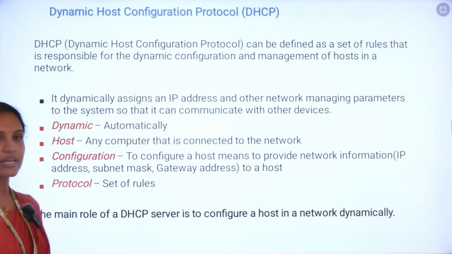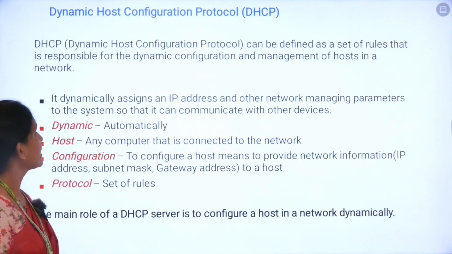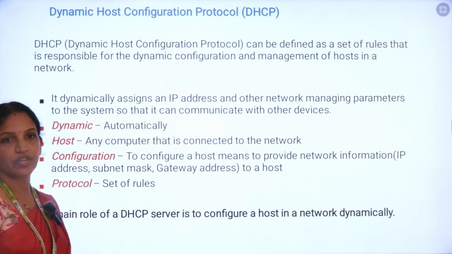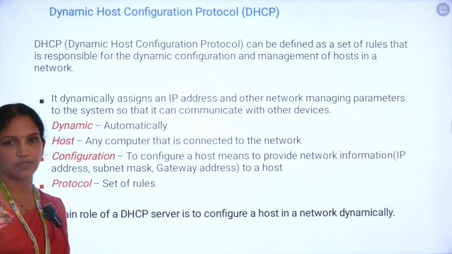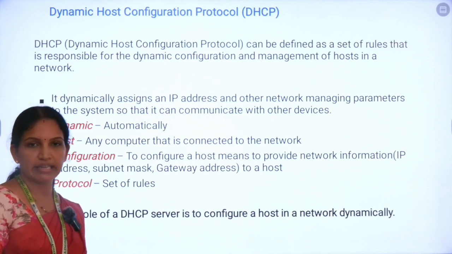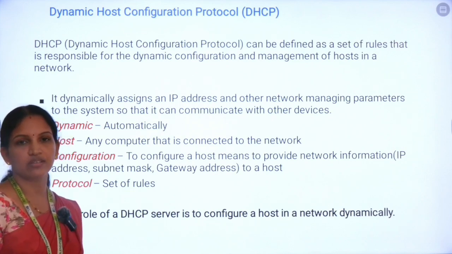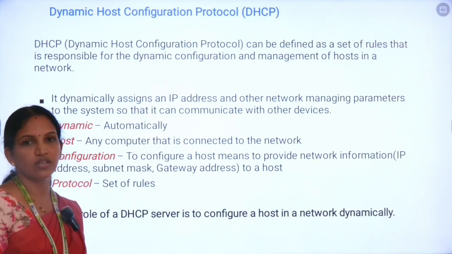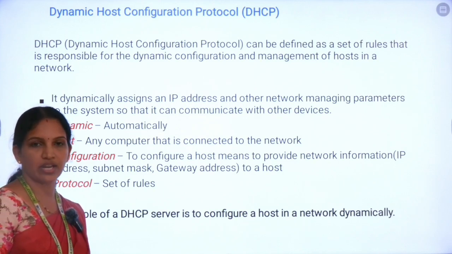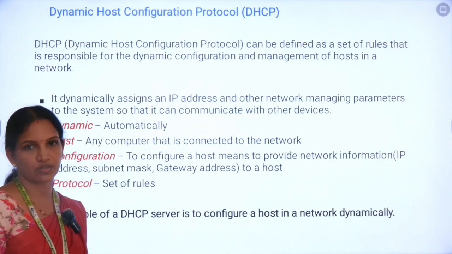So that's all about ICMP. Next is Dynamic Host Configuration Protocol, or DHCP. It is mainly used to configure a host machine. It defines a set of rules that will provide the IP address and other configuration information for a particular host.